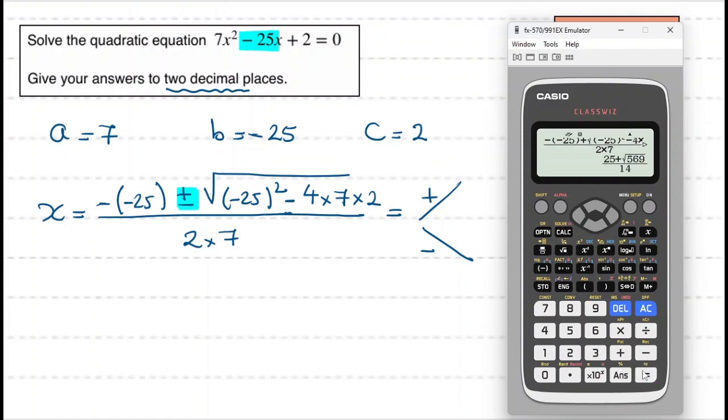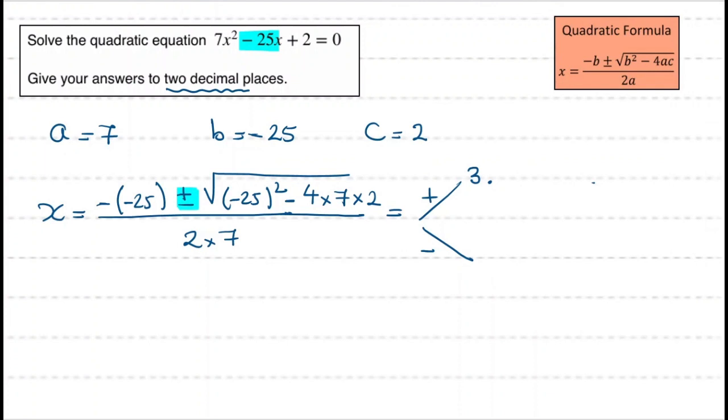We press the equal button and then S to D, and we get the first solution as 3.489 ... which rounded to 2 decimal places is 3.49.